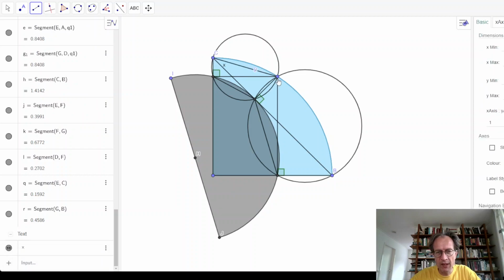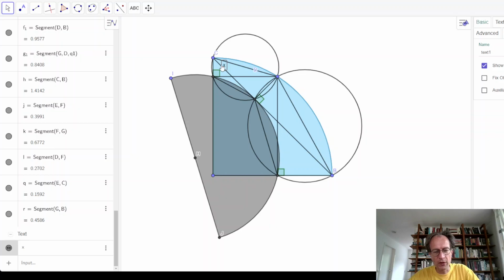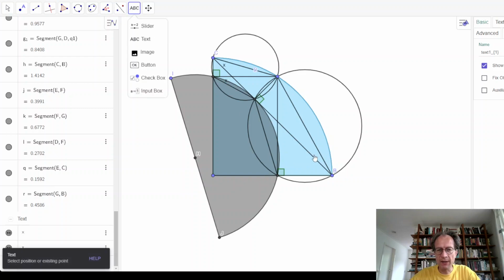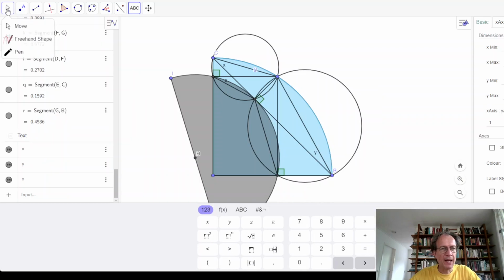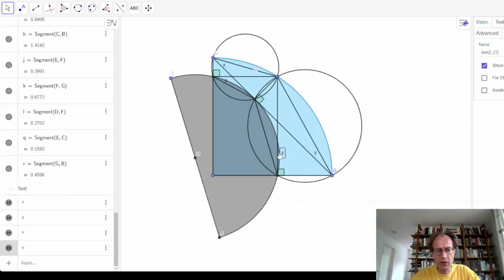This chord and this chord. Then the angle x is over here, and the angle x by using the small circle is also over here. In the same fashion, we find the angle y over here, and we find it again using this larger circle over here.